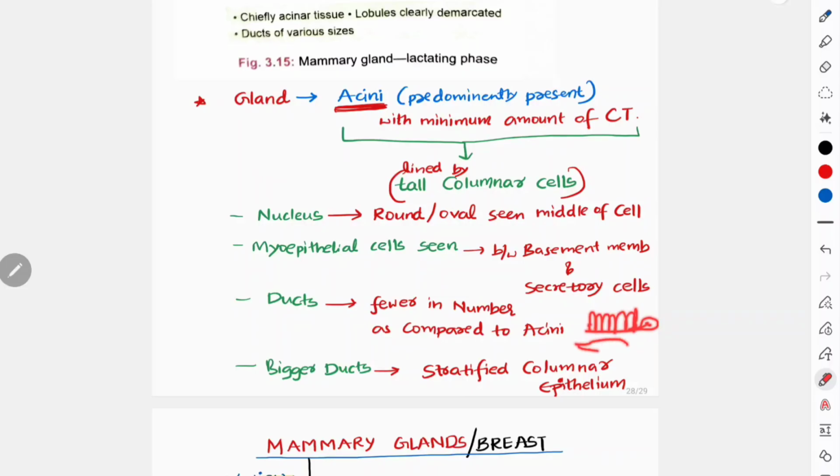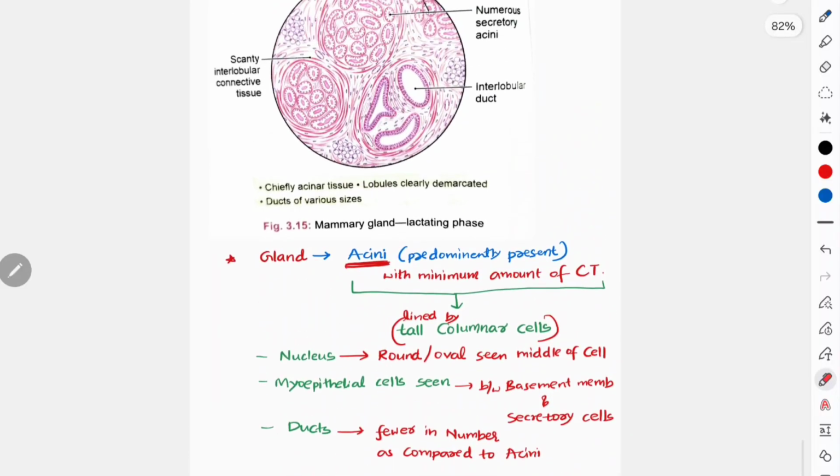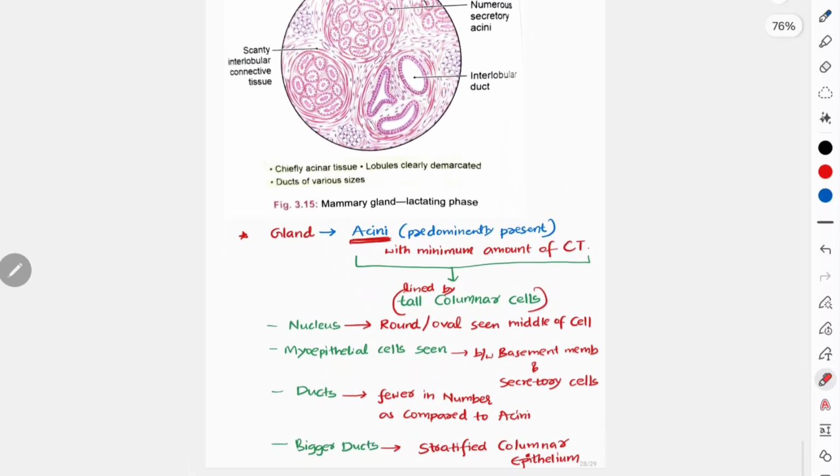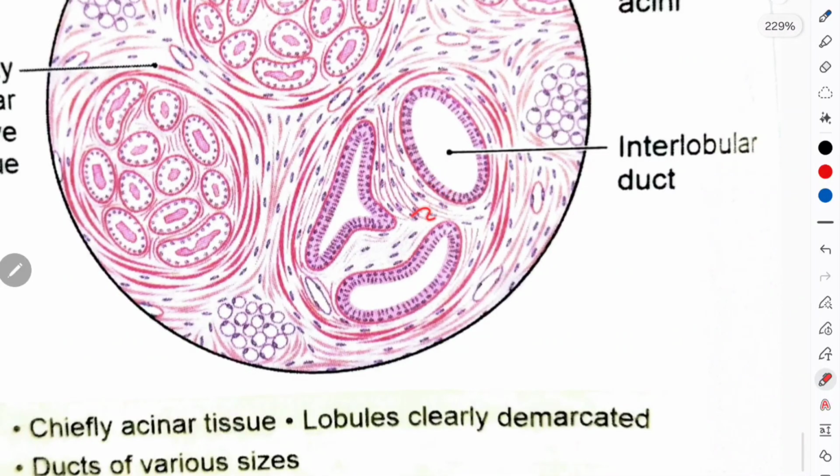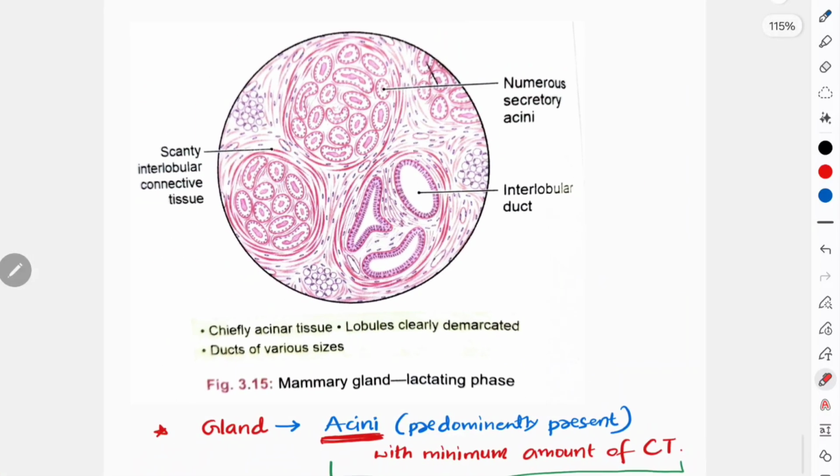Ducts are fewer in number compared to acini. Bigger ducts have stratified columnar epithelium; just remember this. You can see the stratified, different layers, 1, 2, like this.